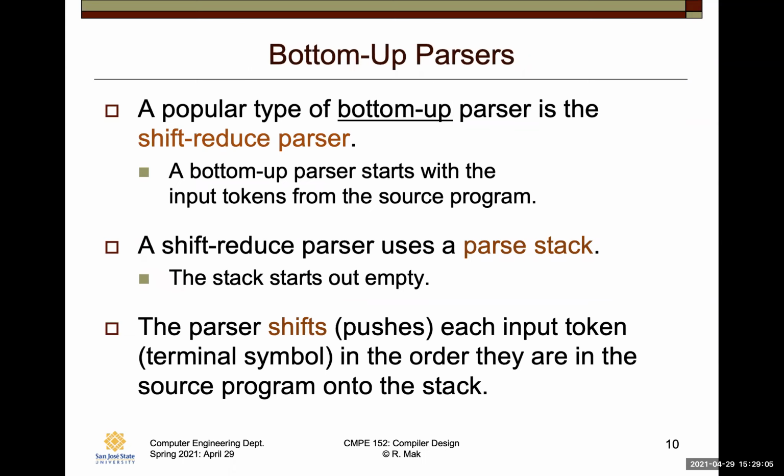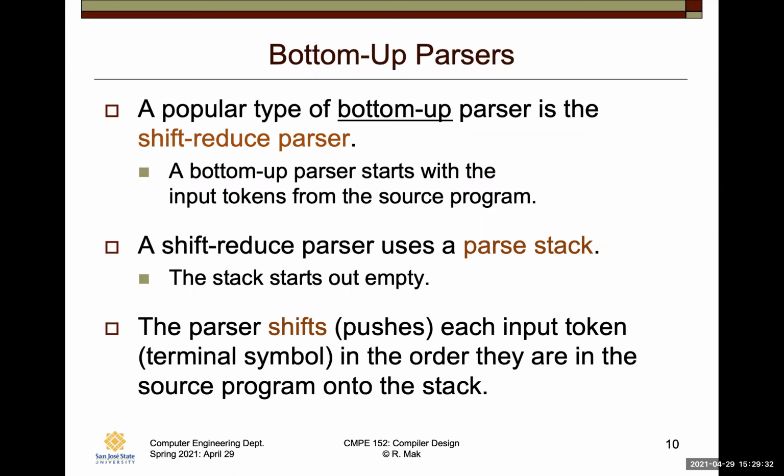Now, a very popular form of bottom-up parser is a shift-reduce parser. And as the name implies, instead of starting with the topmost rule in the grammar, what the shift-reduce parser does is it starts with the tokens, and it tries to work its way up to the topmost rule.